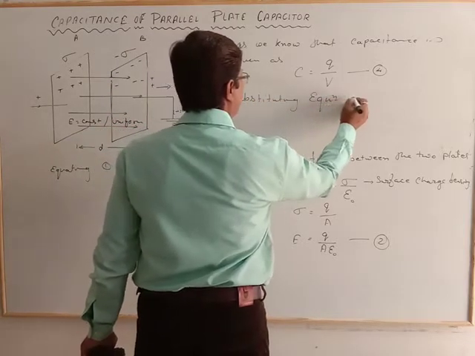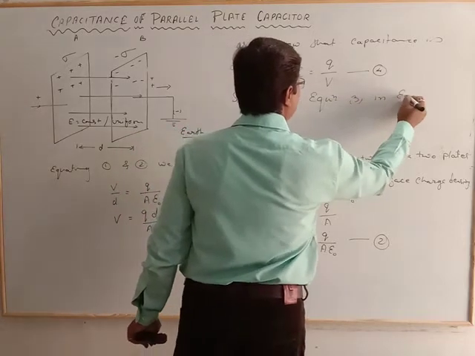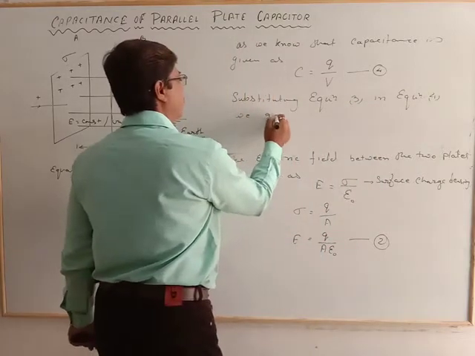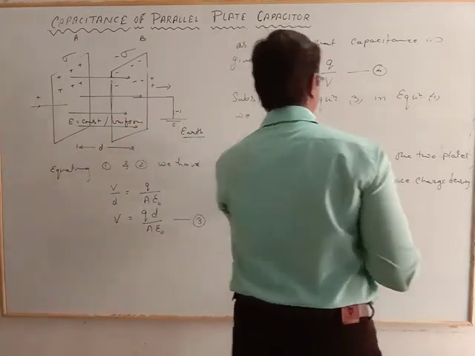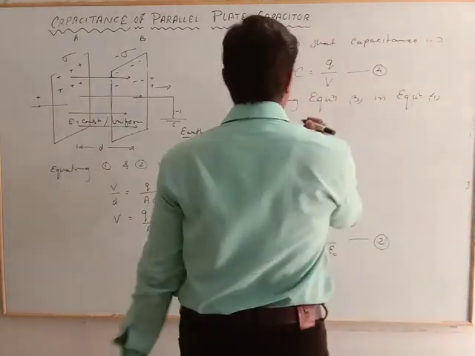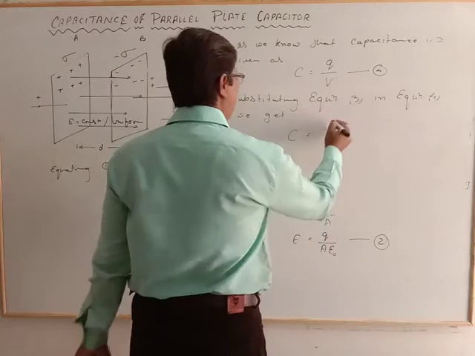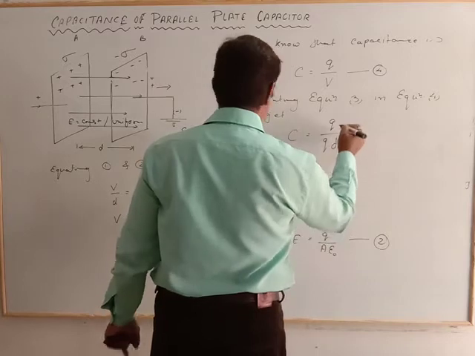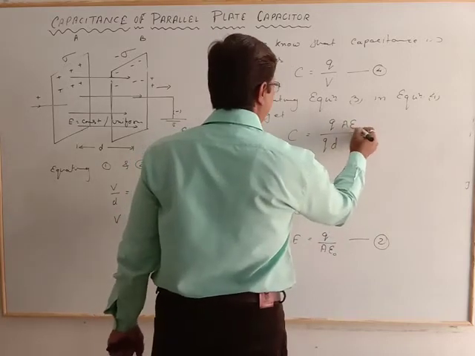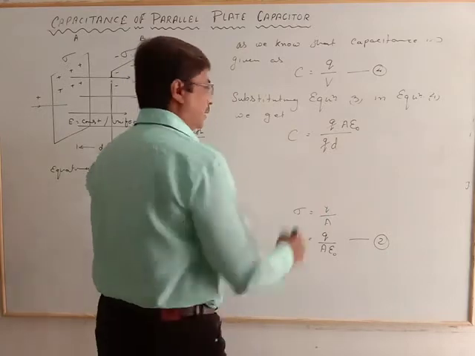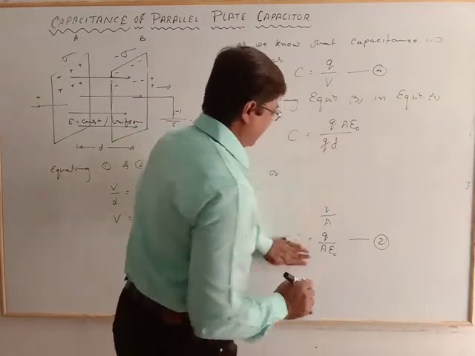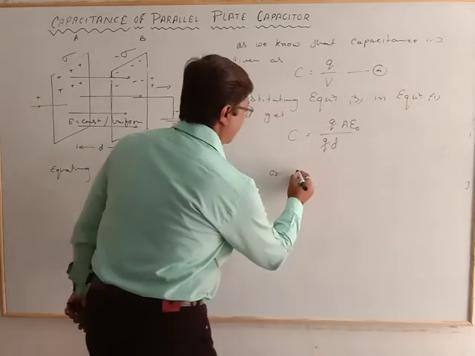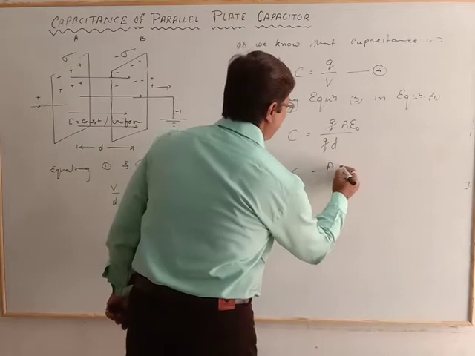The capacitance C is equal to charge Q divided by the potential, that is Q D by A epsilon naught. A epsilon naught moves upward, and Q and Q cancel. Now the capacitance C is equal to A epsilon naught by D.